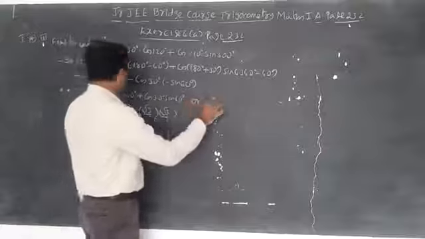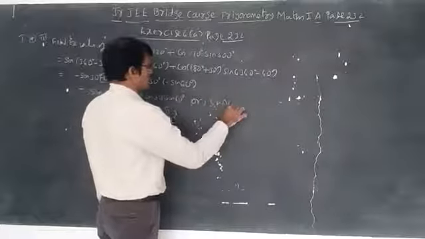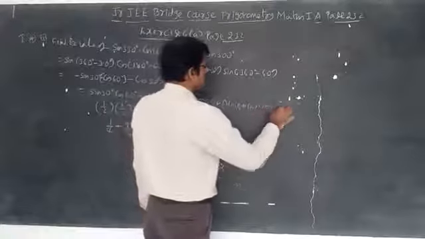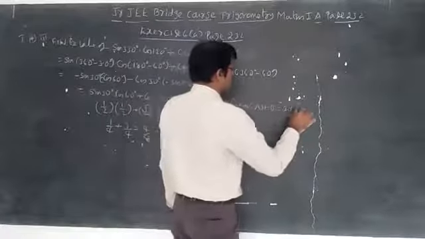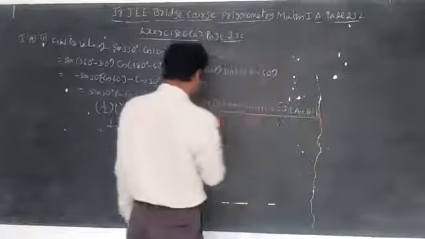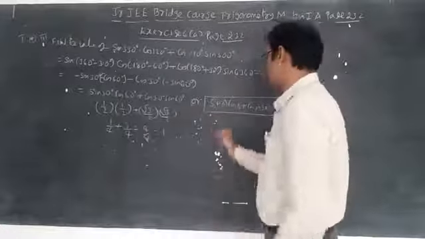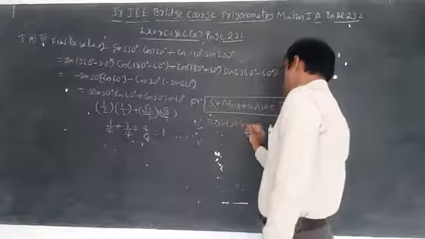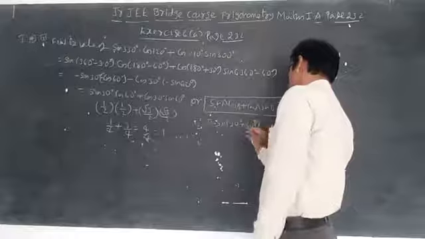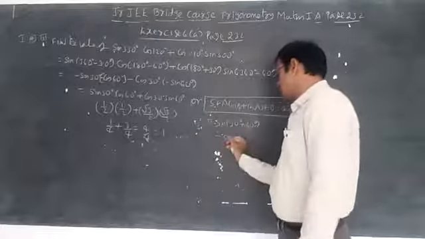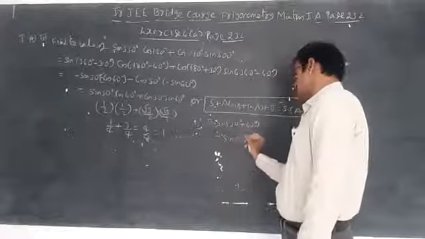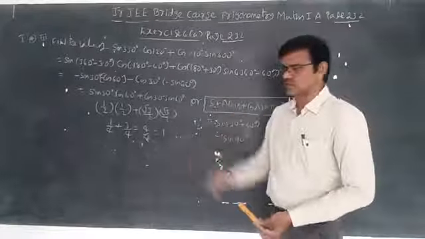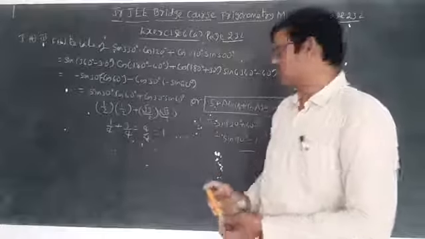Or you can use the formula sin A cos B plus cos A sin B, which is sin of A plus B in the concept of compound angles. Now sin 30 plus 60 according to the sin A cos B plus cos A sin B concept is sin 90 degrees, and sin 90 value is 1. This is the compound angle model, this is the general model. Any model you can do.